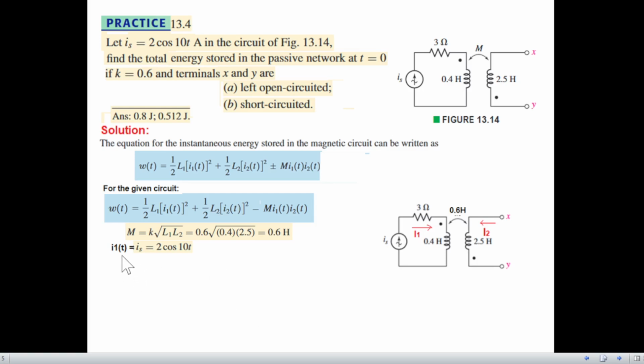And the current which we are calling I1 here is basically Is, which is 2 cos 10t. From here we can find the omega, which we'll be using subsequently. This is cos omega t, so omega is 10 radians per second.